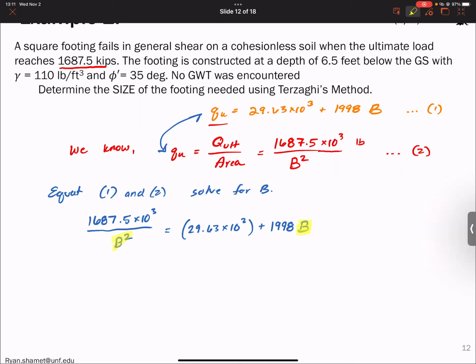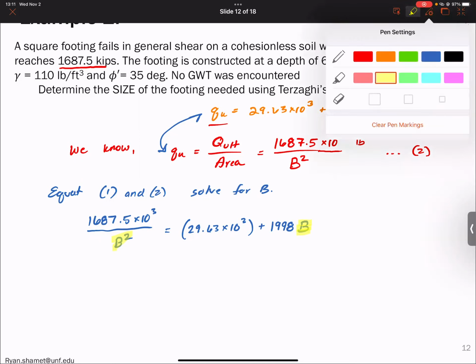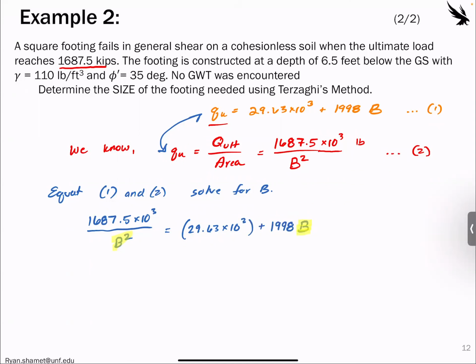Those are our two unknowns. So guess what this is actually going to require? Quadratic. Woo.